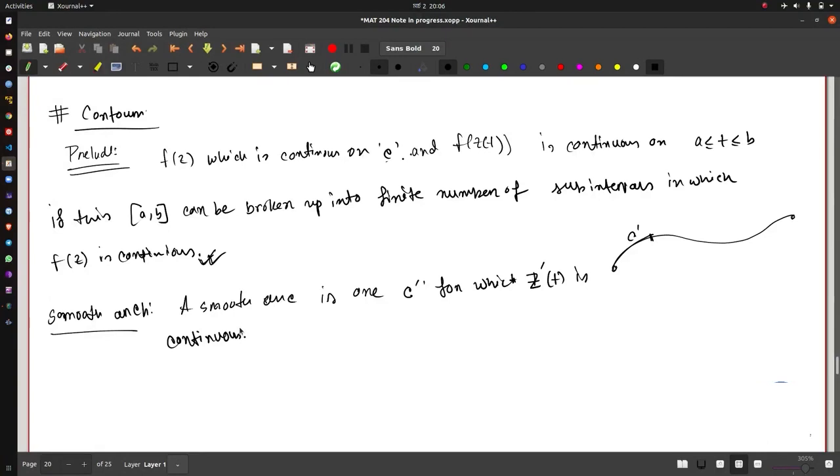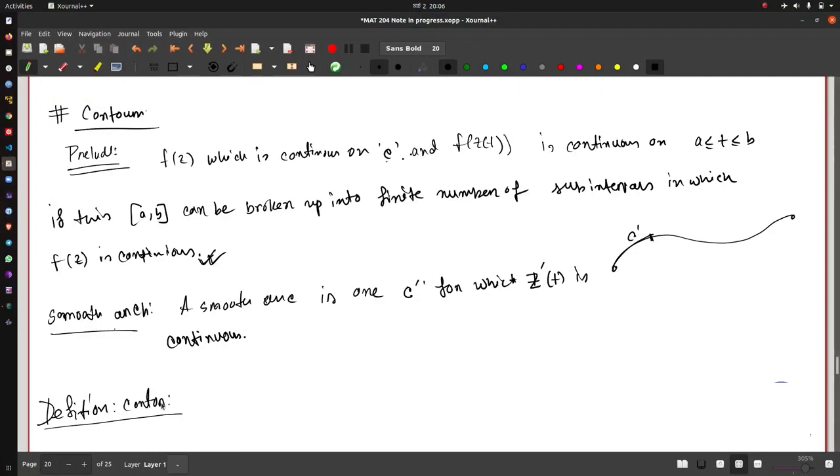So keep these things in mind, and using this definition of smooth arc and the prelude that we have written over here, we can finally define contours. So the definition, contour. So what is a contour?